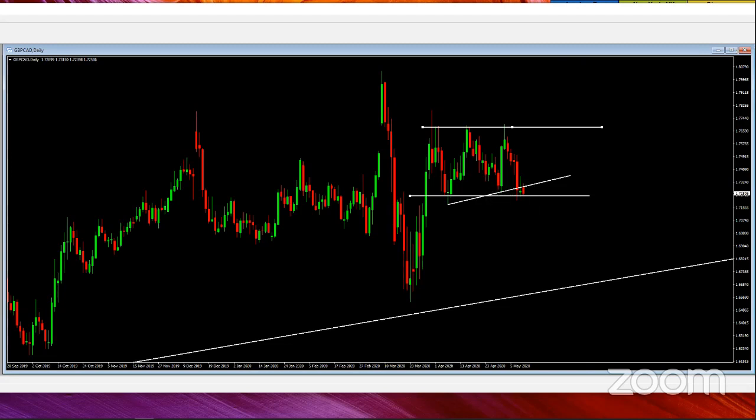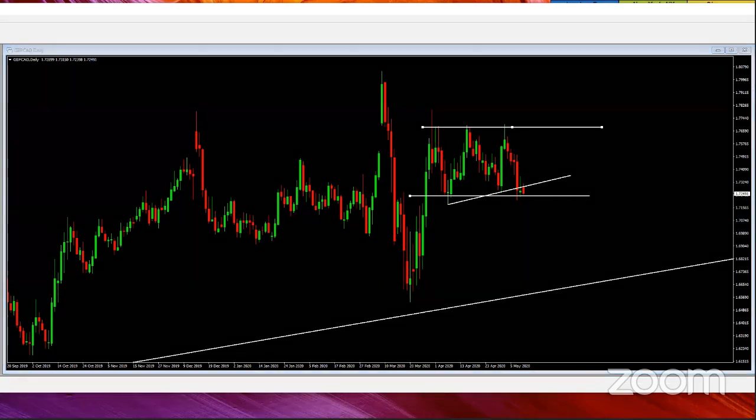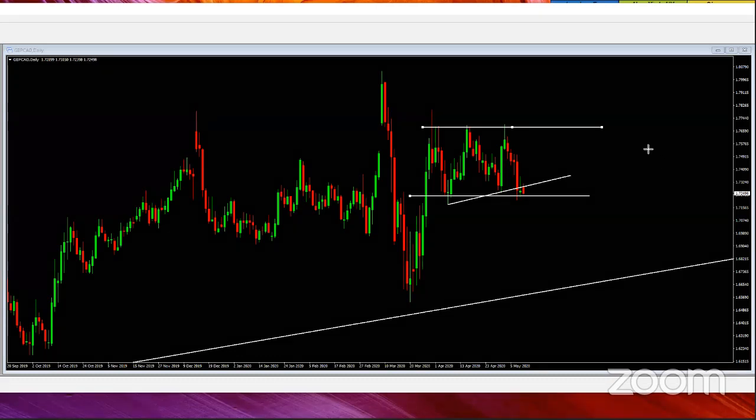Now, the spinning top. I just want to discuss the spinning top for Helen. The spinning top is a candle pattern, a candle that can appear anywhere in price action. So a spinning top is effectively a bar that looks like this, and it's got a body that looks similar to a doji, but it doesn't close at its open.